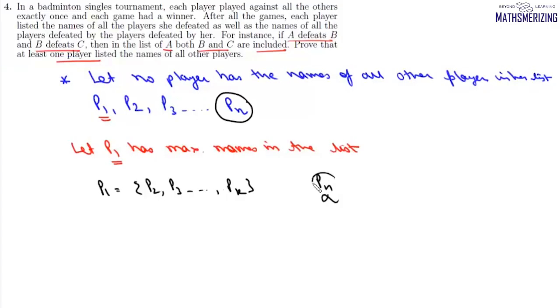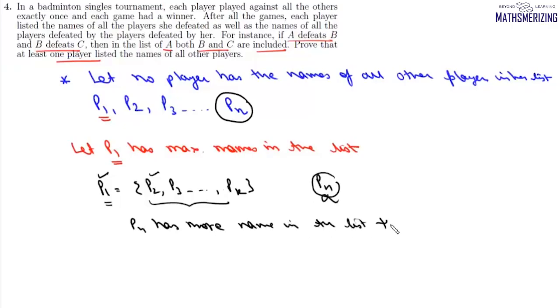Now since Pn is not included in the list of P1, then this Pn is undefeated by P1, and it is also undefeated by any player in the list of P1. So that means Pn has more names in the list than P1, which is a contradiction. That means from the contradiction we can say that at least one player listed the name of all other players.